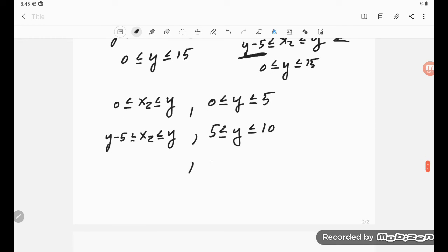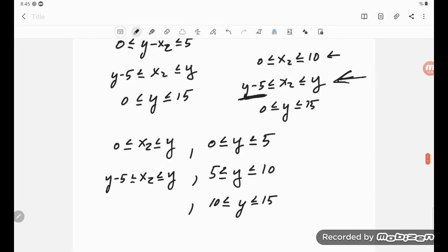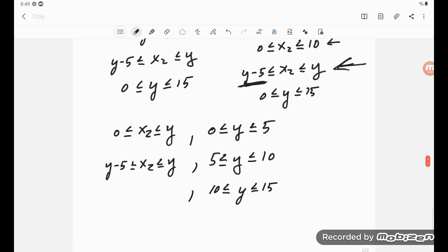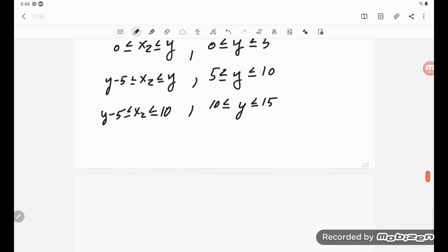And then finally, from 10 to 15, let's see what happens. X2 is still going to be bounded that way, so y minus 5 less than or equal to x2, less than or equal to, but if y is at least 10, well, x2 can never be bigger than 10. So we get those three bounds.